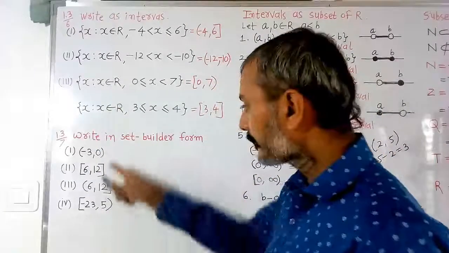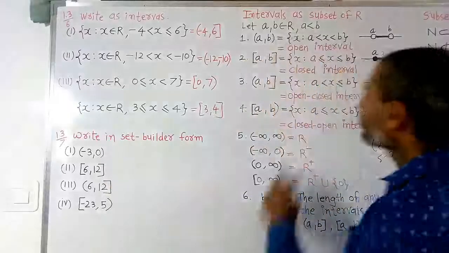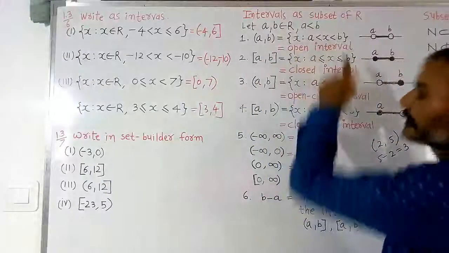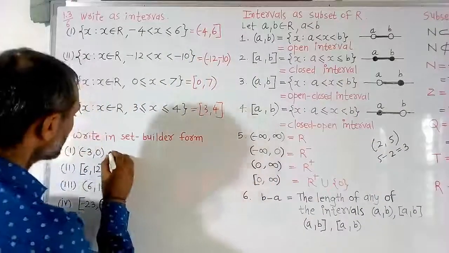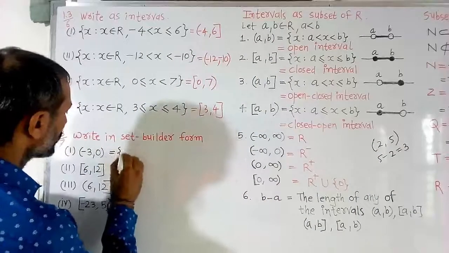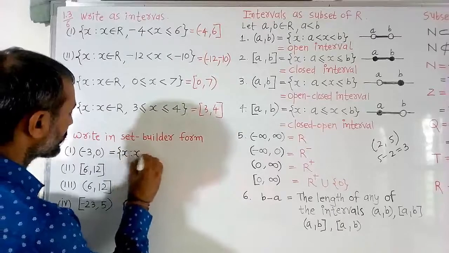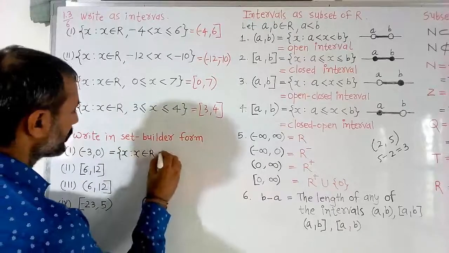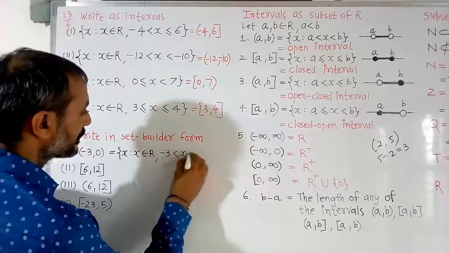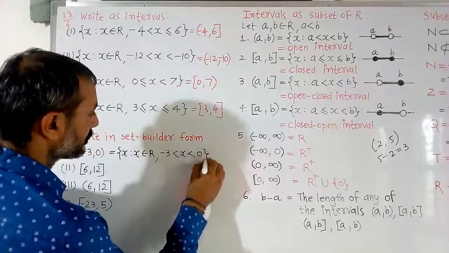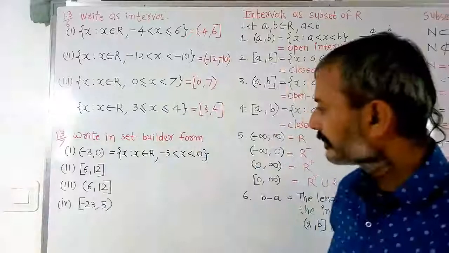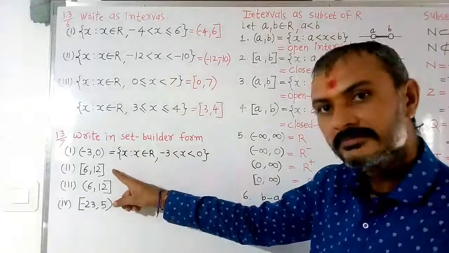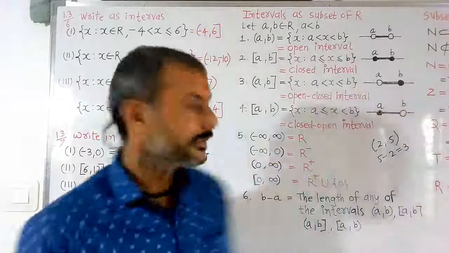So how to write first? First is an open interval. In open we write only less than. Is that clear? So see, this equals the set of all x where x belongs to R, minus 3 less than x less than 0. This is the method. Very simple. Here closed. So how to write?